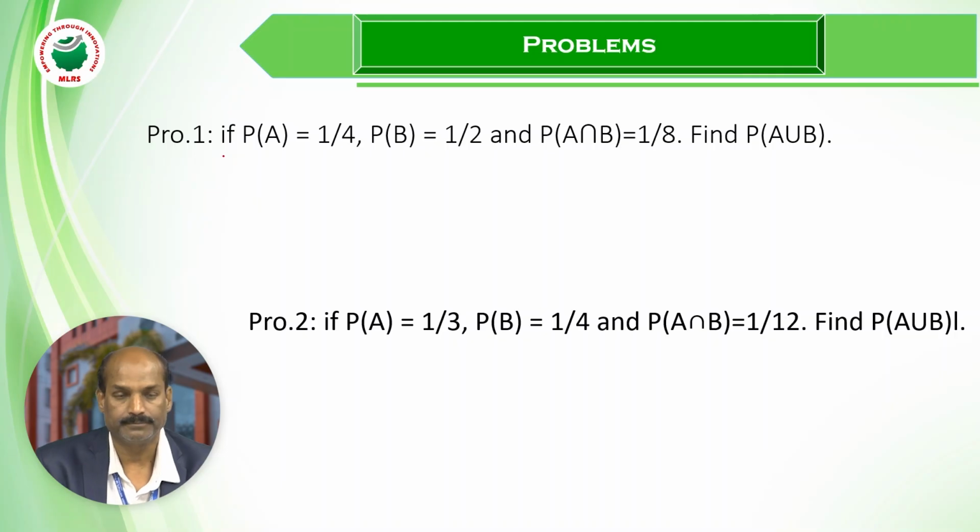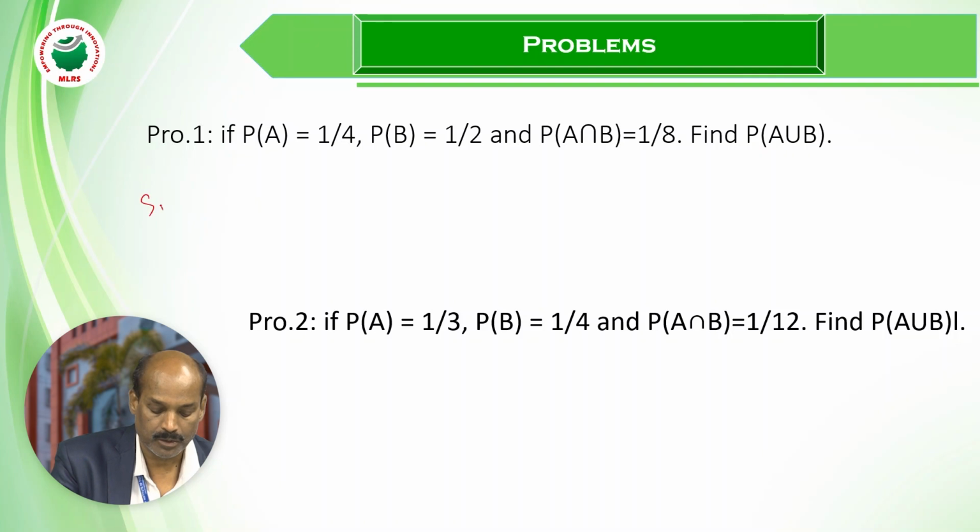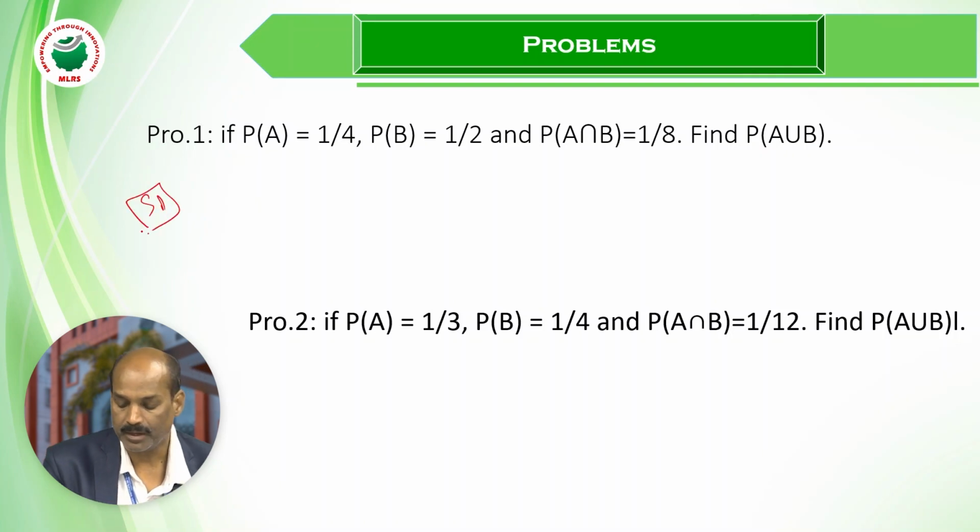Problem number 1. If probability of A equals 1 by 4, probability of B equals 1 by 2, and probability of A intersection B equals 1 by 8, then find probability of A union B. So now we solve this problem.